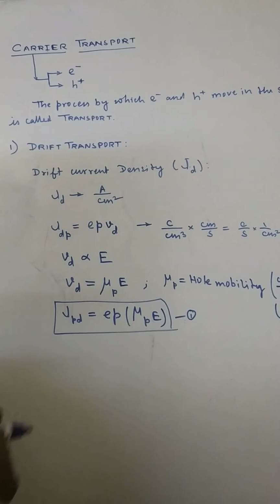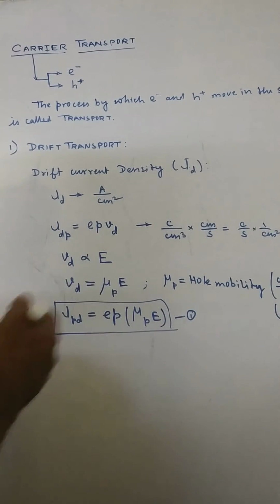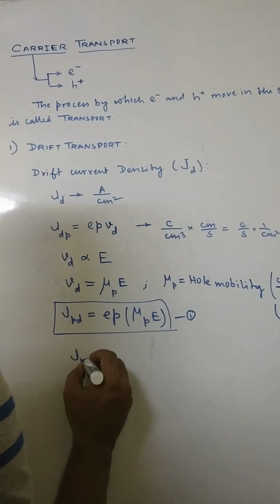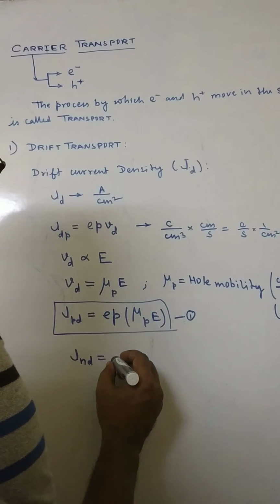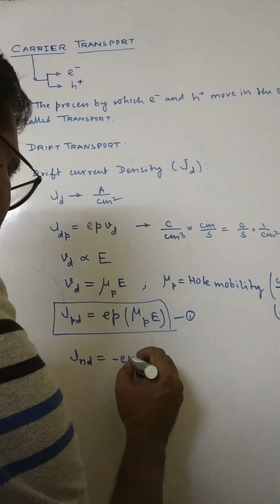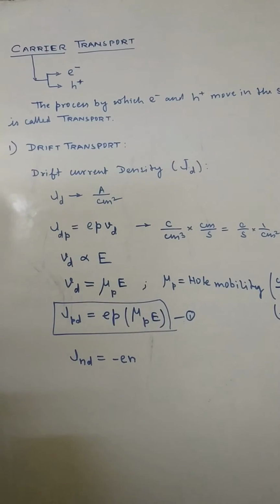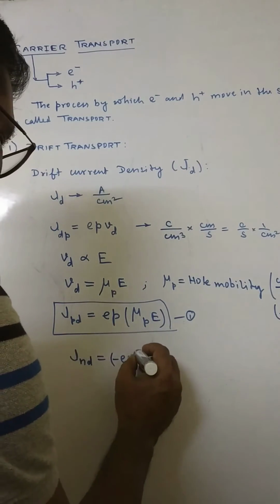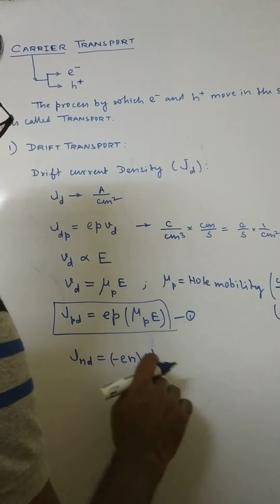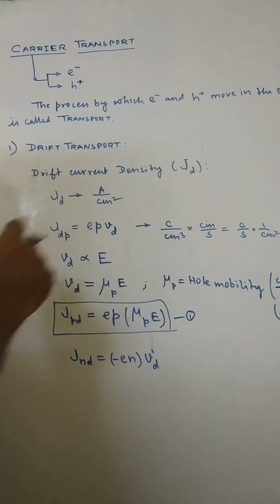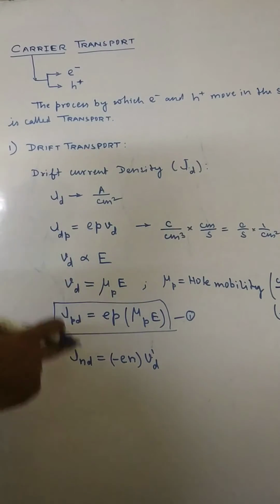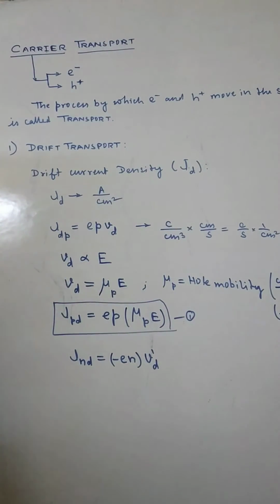Similarly, we will have the drift current density due to the electron. The expression will be JND equal to the electron charge, minus E, times the electron concentration N, into the drift velocity, which let us call V dash D. I am representing it differently because the velocities will be different for the hole and the electron.